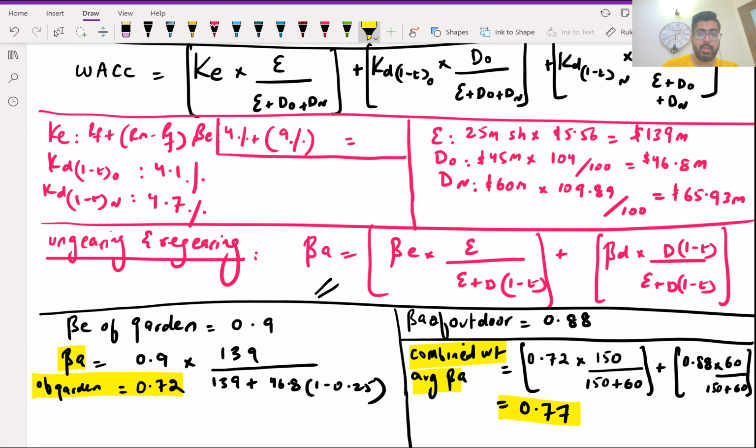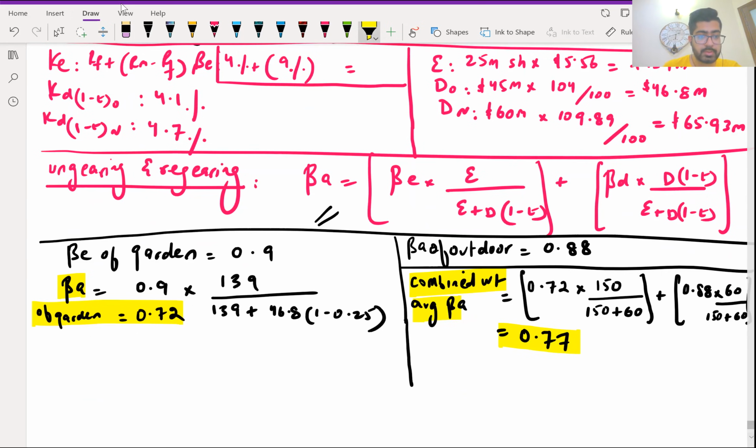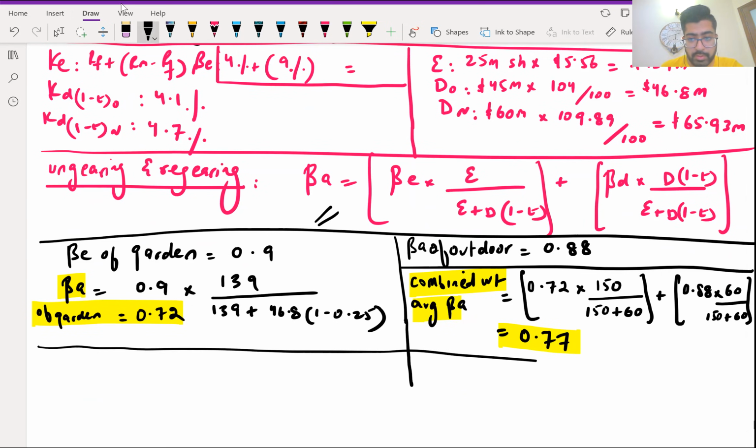Once you have the combined weighted average beta asset, this weighted average beta asset represents both units. Why did I do this? Many people ask. Because when I'm adding some new things in the company, I have to do ungearing, regearing. In ungearing, I need beta asset, but I need a combined beta asset because now the company is based on 2 units, garden and outdoor.